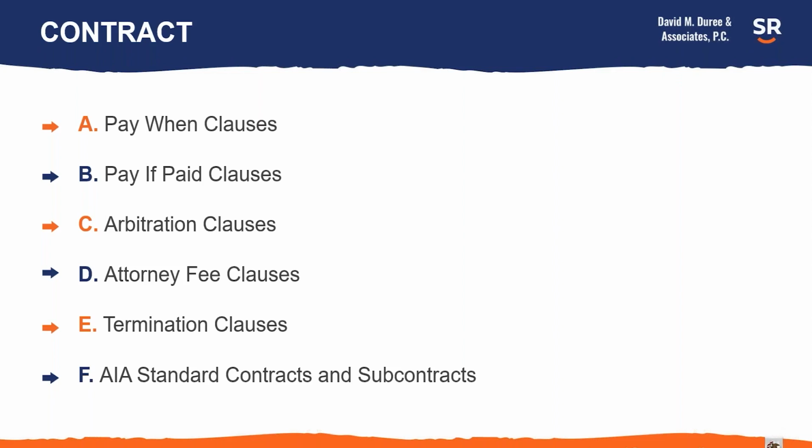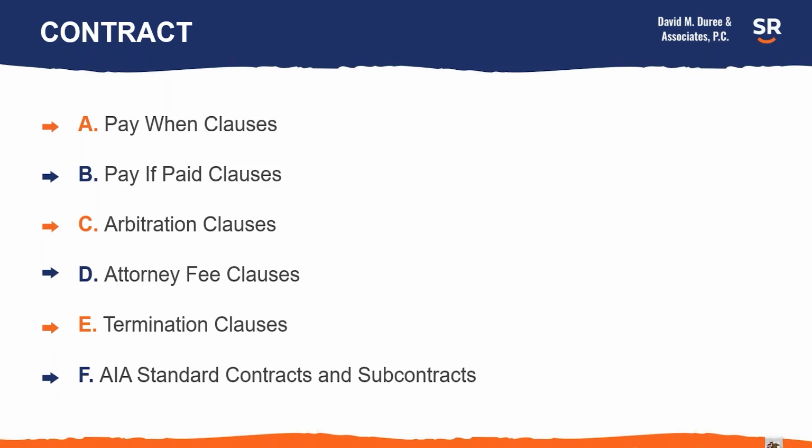The starting point of any lien claim by a subcontractor or general contractor is the contract itself, and that's why I included some topics about the contract, bearing in mind that subcontractors, suppliers, and general contractors have varying amounts of leverage in determining what will be in the contract.